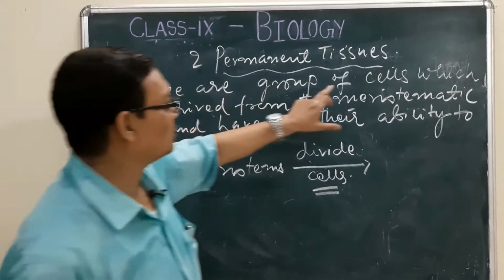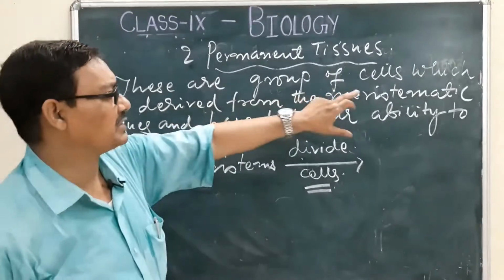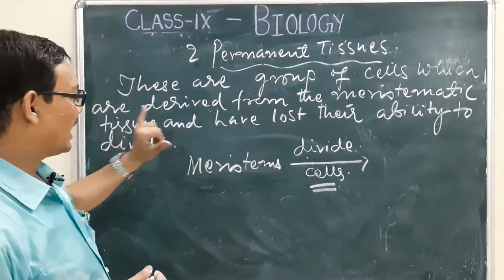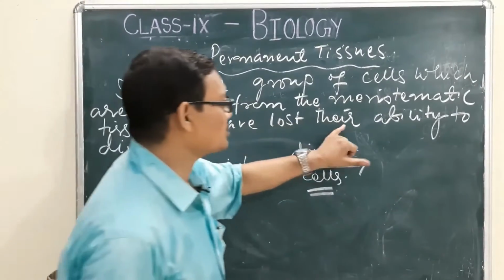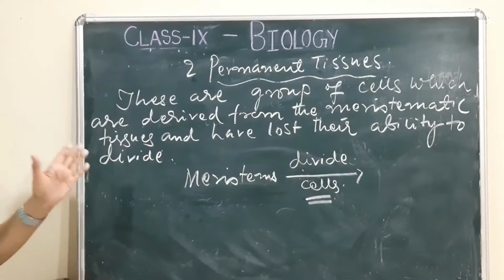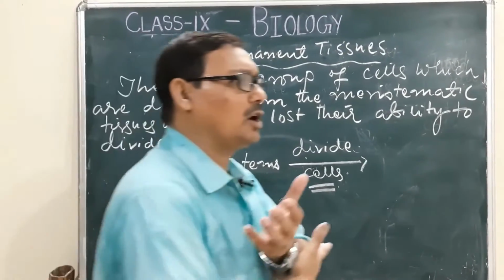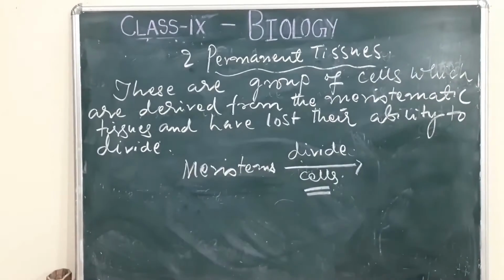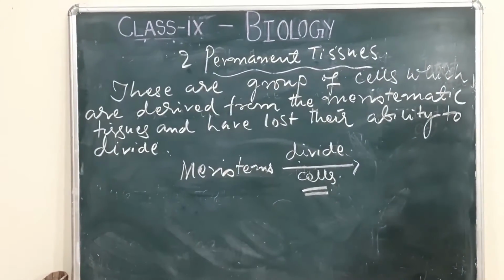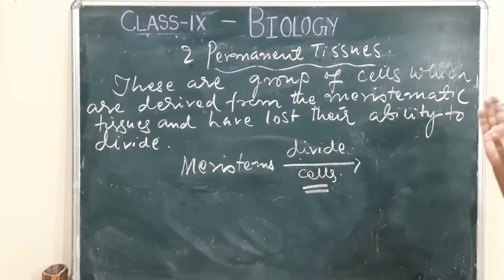So these are a group of cells which are derived from the meristematic tissues and have lost their ability to divide. Whenever they have lost the ability to divide, they have got a permanent shape, size, and a permanent job in the plant body, and that forms a permanent tissue.